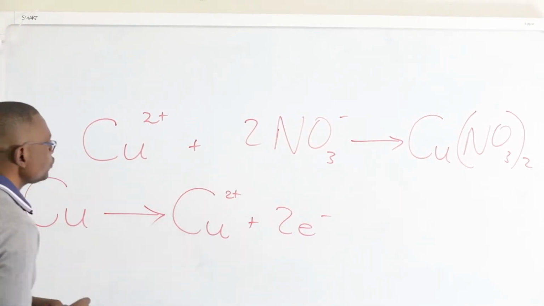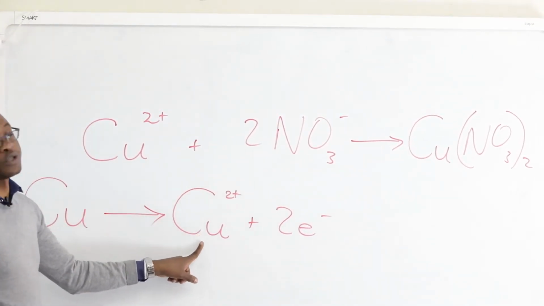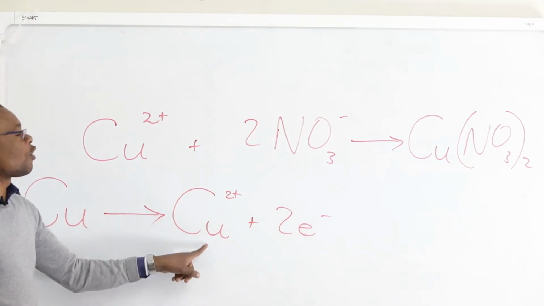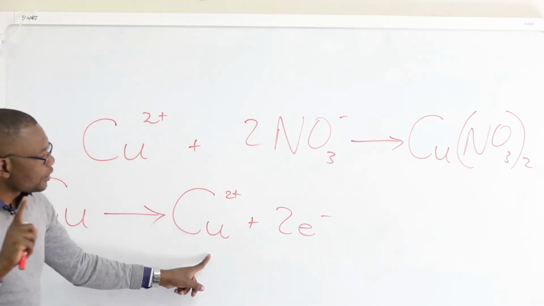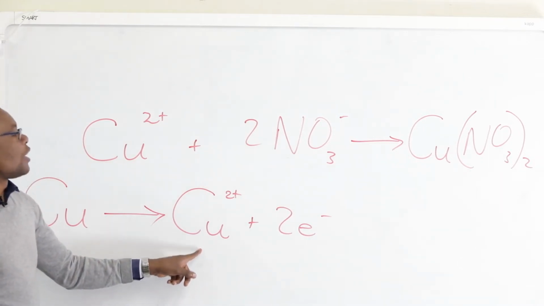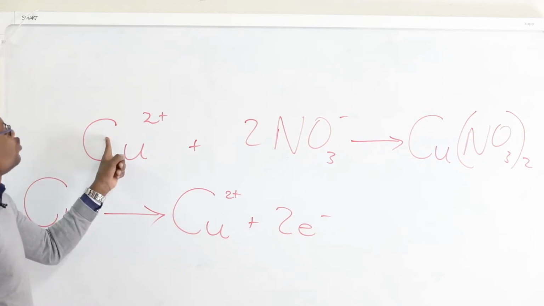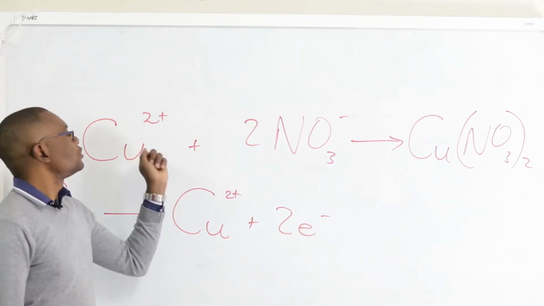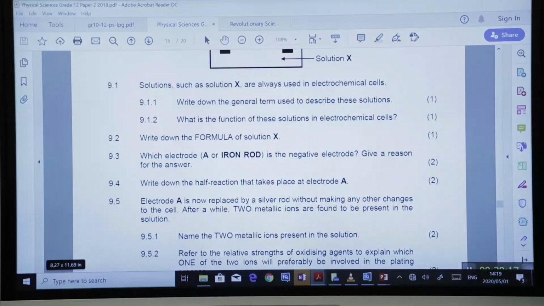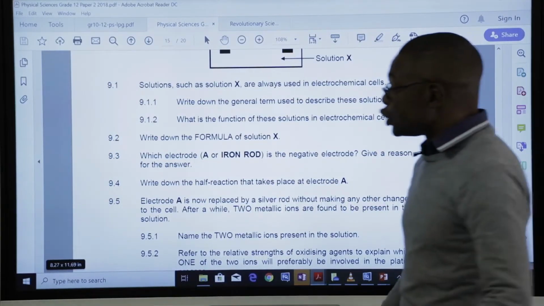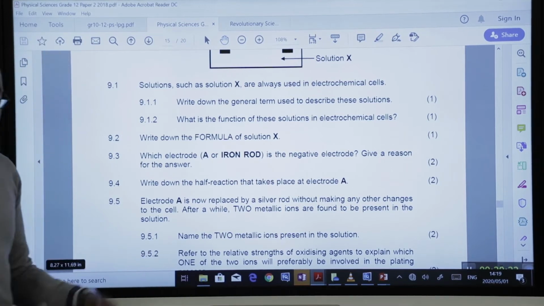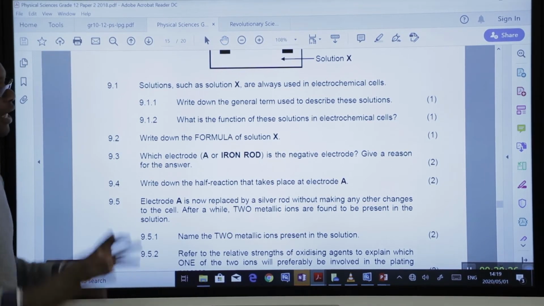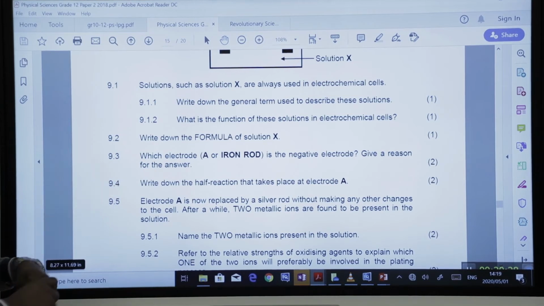Okay. So these copper ions are generated at electrode A, the anode, and will go to the iron electrode, the cathode, be reduced, and then deposited around the iron to form a thin layer, electroplating the iron rod.